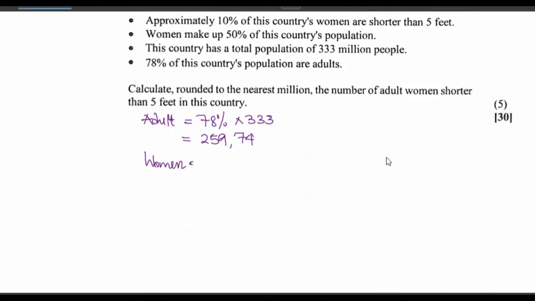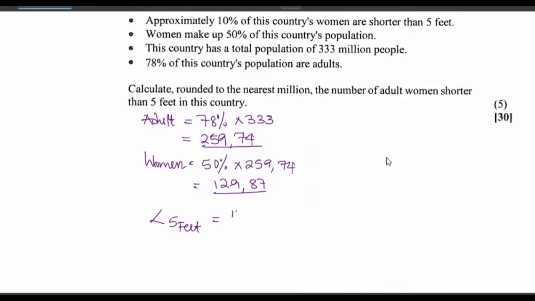Women. Remember, they have told you it's 50%. So we shall come and multiply, giving us 129.87. 129 what? Million. So having done this, we look for 10% now. Those whose height is less than 5 feet.